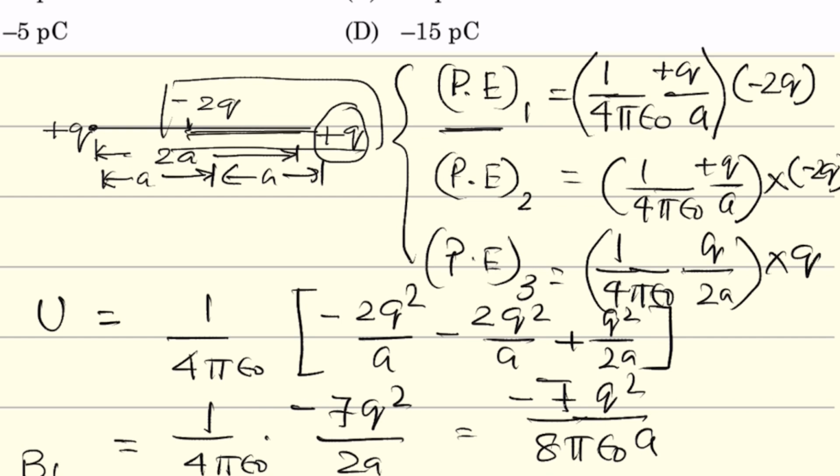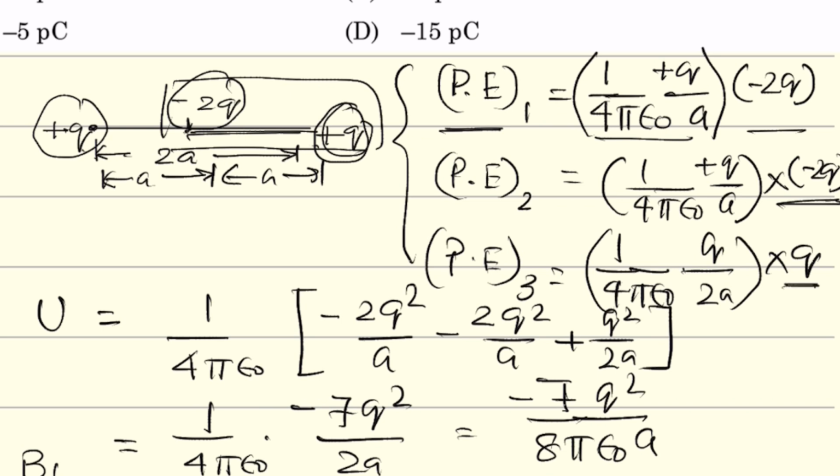So potential into charge is the potential energy. Similarly, potential energy 2, because of this plus q charge, is plus q by a into the charge minus 2q, correct? Similarly, the potential energy of these two plus q charges is q by 2a, where 2a is the distance, and charge q.